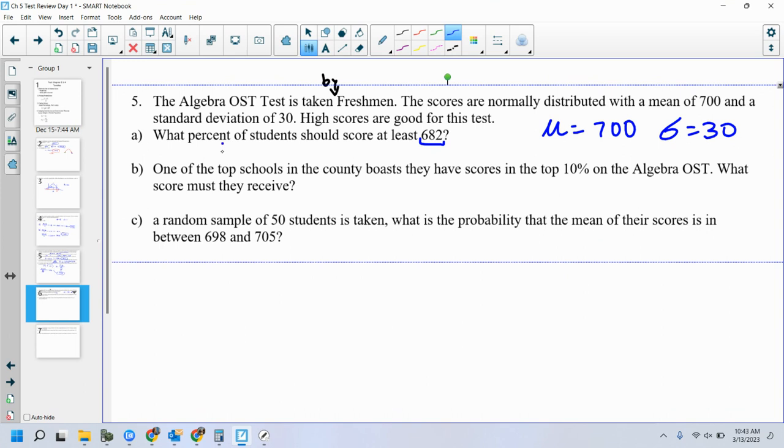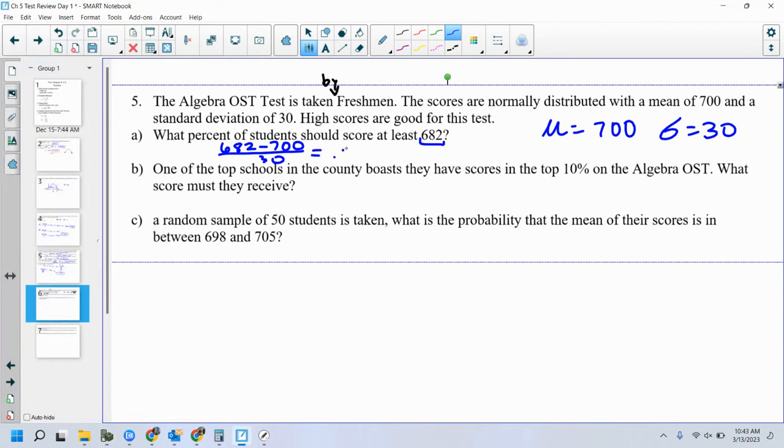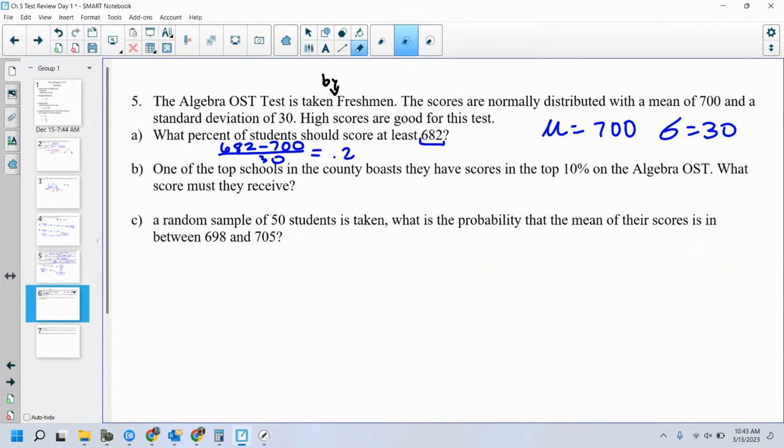What percentage of students should score at least a 682? So let's figure out the percent for 682. So x minus mu divided by sigma, right? So 682 minus 700 divided by 30. Okay, negative 0.6. Negative 0.6 gives us 0.2743.